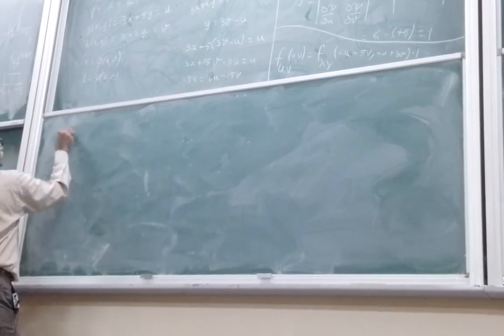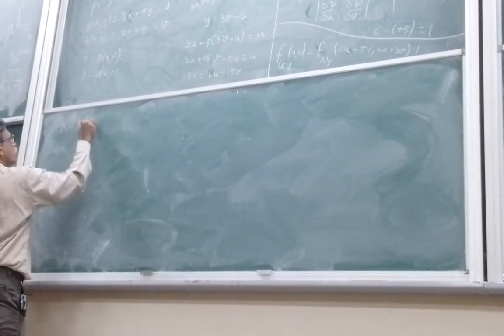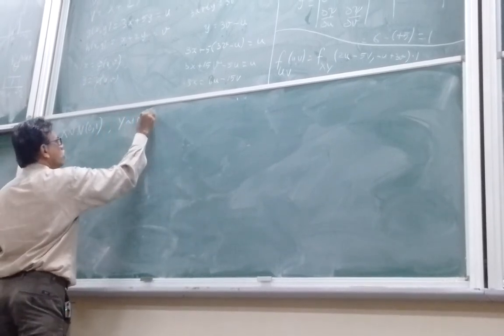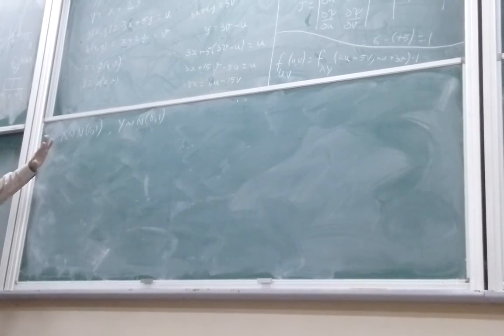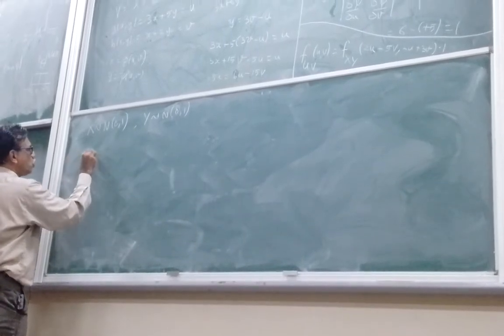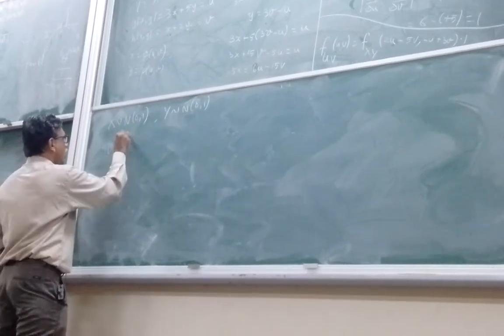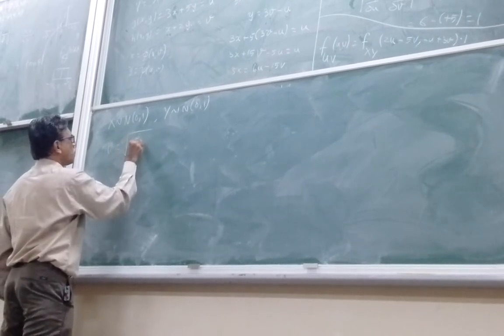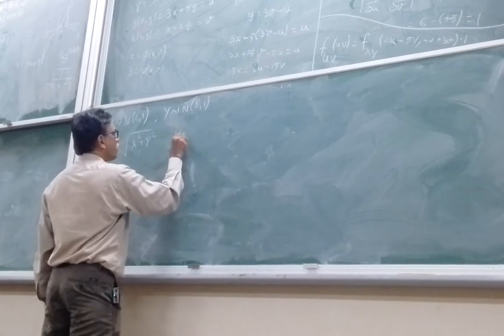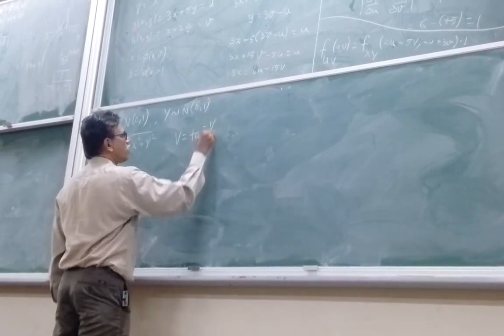Let x be N(0,1) and y be N(0,1), so there are two Gaussian random variables, and we are interested in two functions: u, which is square root of x squared plus y squared, and v, which is tan inverse of y by x.